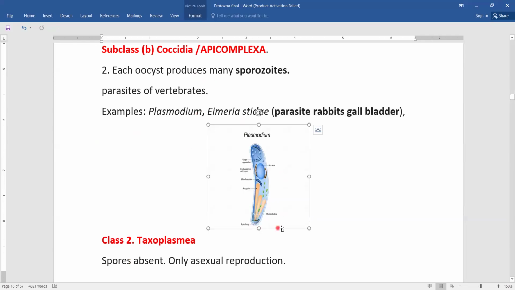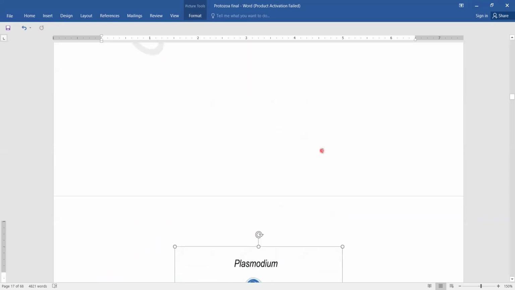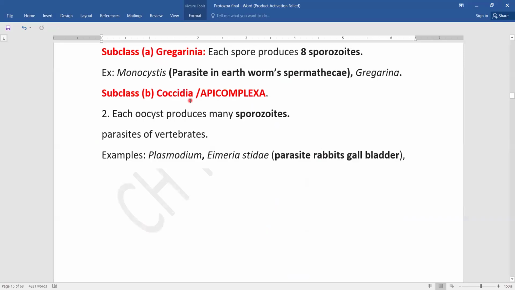If you observe this diagram, there is a structure called the apical cup, which secretes penetratory secretions, with the help of which it enters into the host cells. Due to the presence of this apical cup, it is included in Epicomplexa or Coccidia.